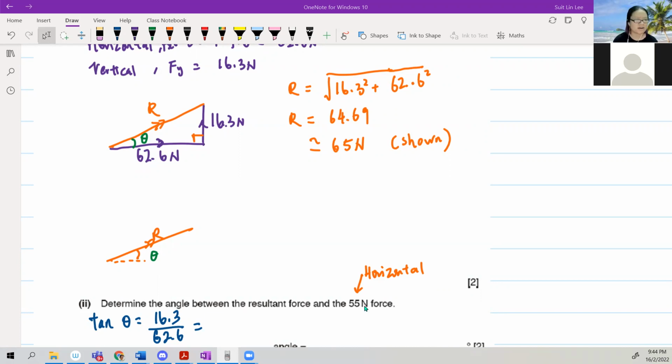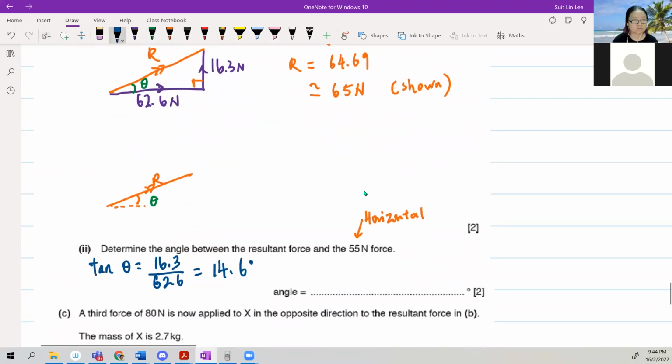Okay, so what I have is 15 degree or 14.6 degree. That's all. Write out the tangent. So if you're wondering where the marks are, if the tangent is the correct ratio, you get 1 mark, C1, calculation 1. The angle is answer 1, A1.